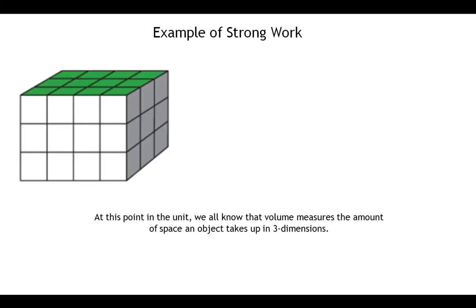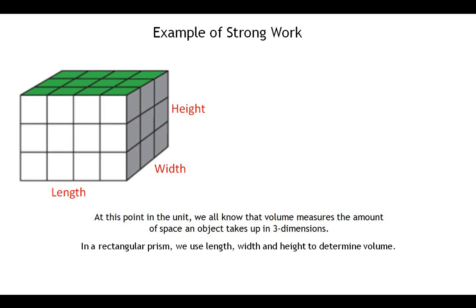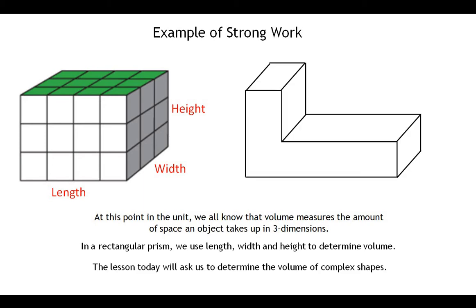At this point in the unit, we all know that volume measures the amount of space an object takes up in 3 dimensions. In a rectangular prism, we use length, width, and height to determine volume. The lesson today will ask us to determine the volume of complex shapes.